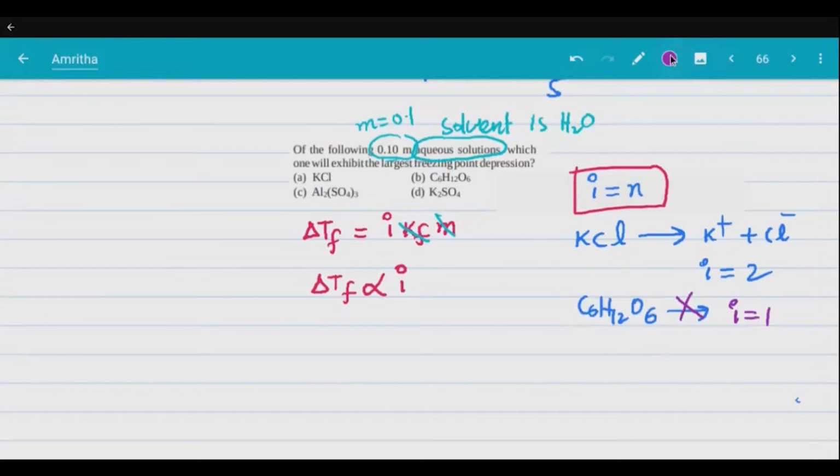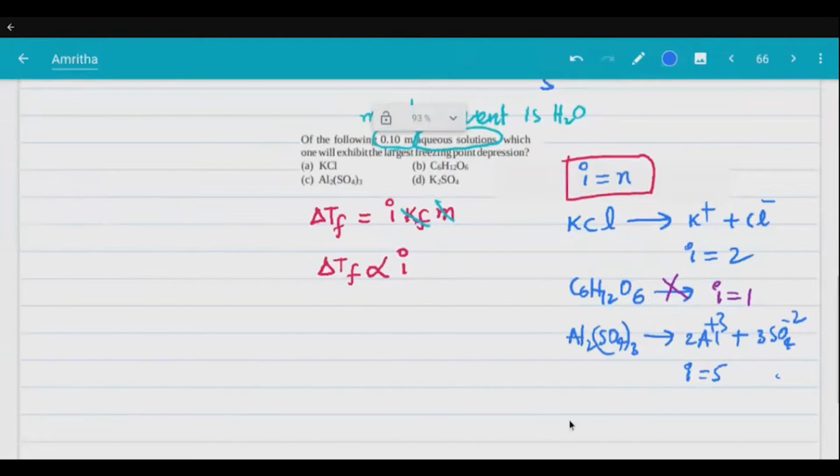Okay. So like that, can you tell me Al2(SO4)3? How many ions are there? 2Al3+ plus 3SO4 2-. How many ions are there? 2 plus 3, so i is equal to 5 here. Okay. K2SO4.